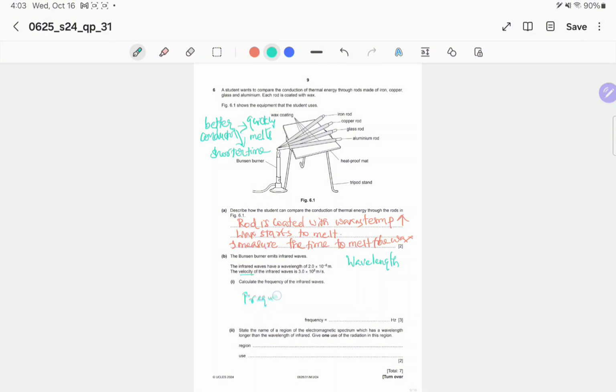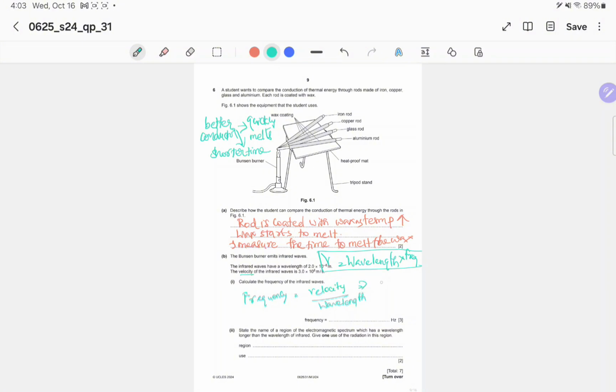What is the formula? Frequency is equal to velocity divided by wavelength. Generally wavelength times frequency is equal to velocity. This is the formula, but here we rearranged it.